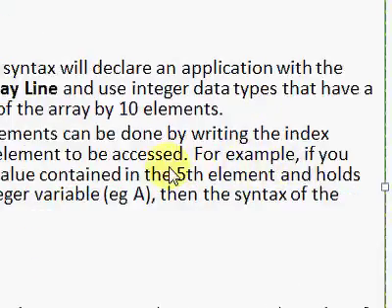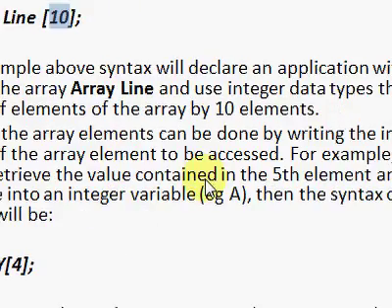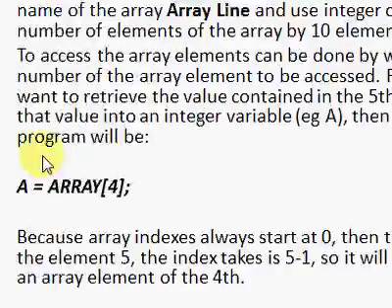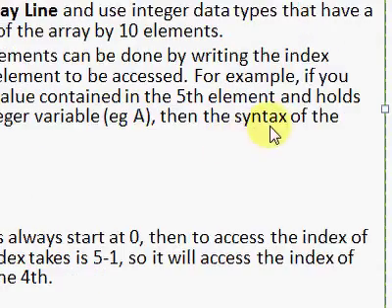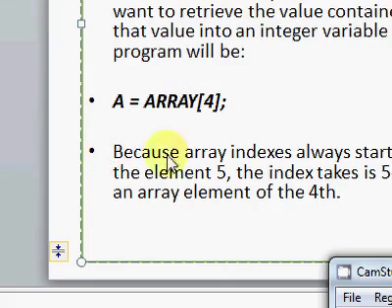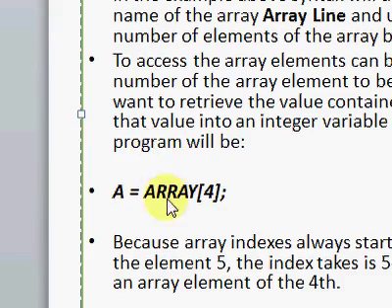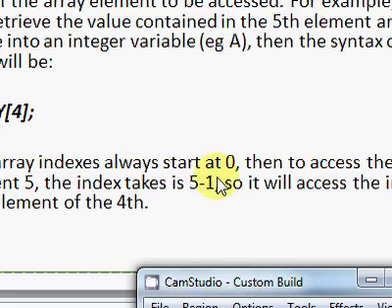For example, if you want to retrieve the value contained in the fifth element and hold the value in an integer variable, for example A, then the syntax will be A equals array index 4, because the array index always starts from 0.